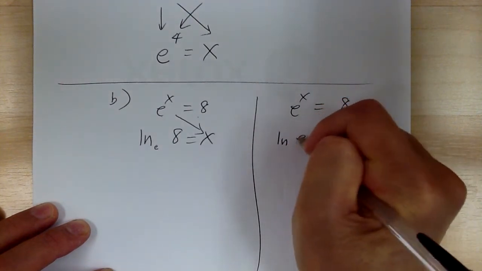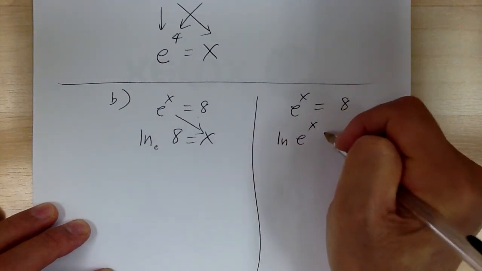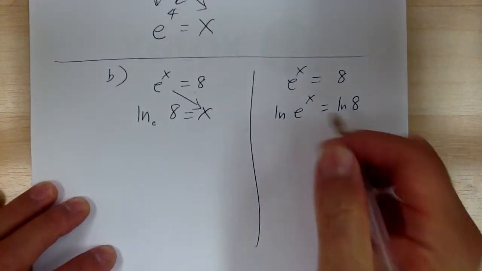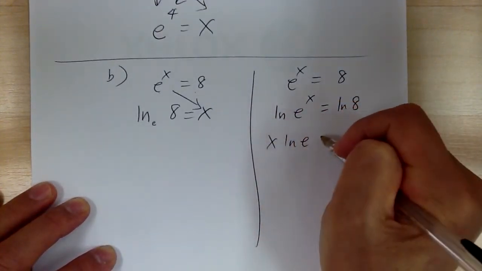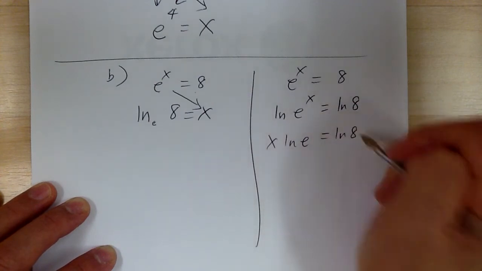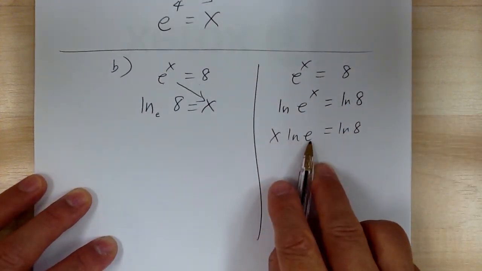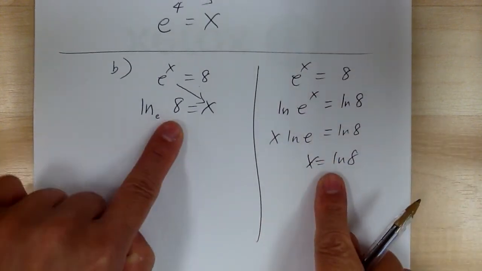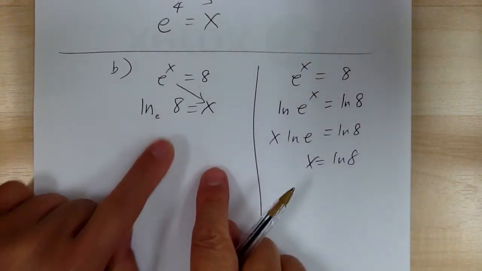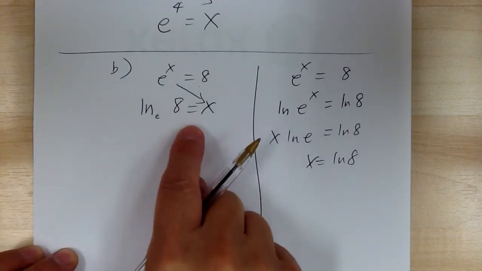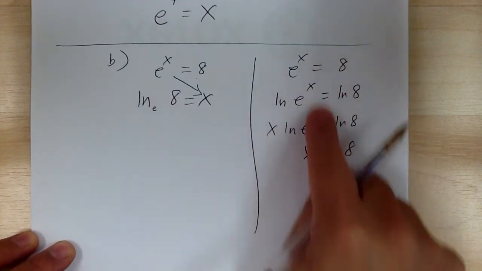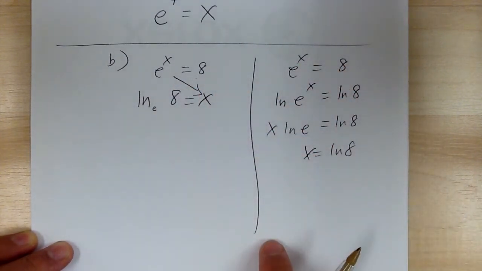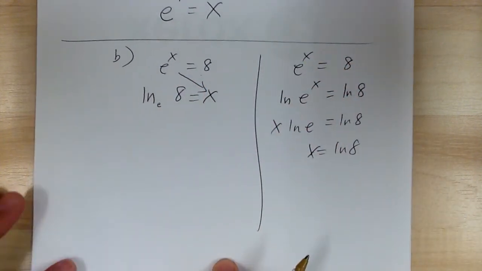So take the natural log on both sides, and then the exponent can come to the front. And natural log of e is 1. So x equals natural log of 8. Same answer, so you can do it either method. But if you know how to convert the base, this is a bit quicker. These are more steps, but in case you forgot, you can do it this way. Either way, the same.